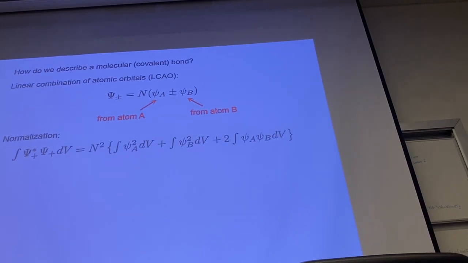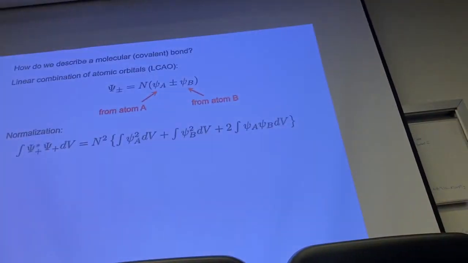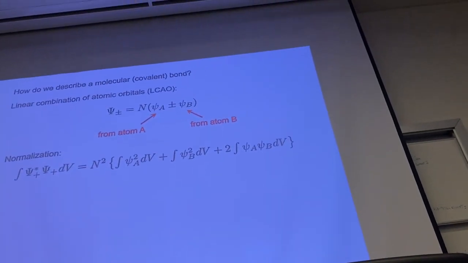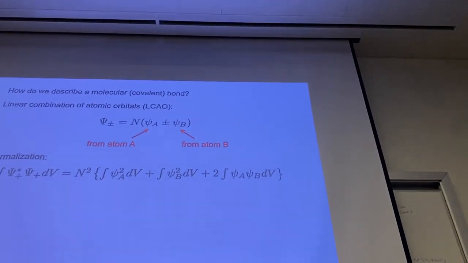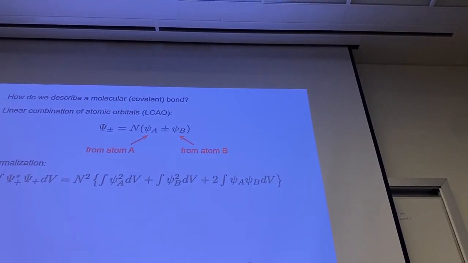All right, I just take the shape of the wave function, psi A plus psi B, square it, and then integrate it over space. That's what dV is. And try to solve it. It turns out, you see here N squared because I squared it. I get, of course, the individual terms squared.